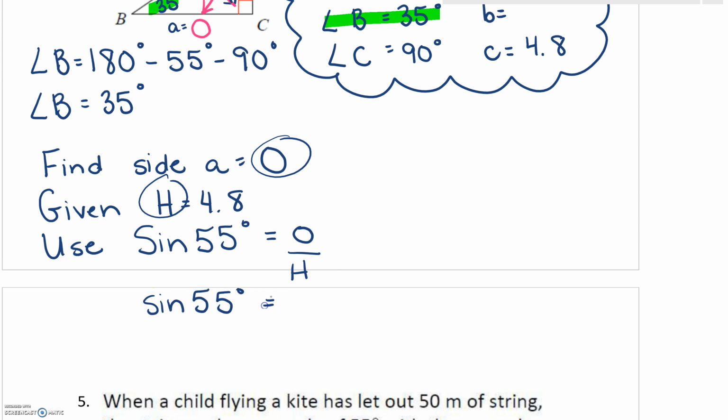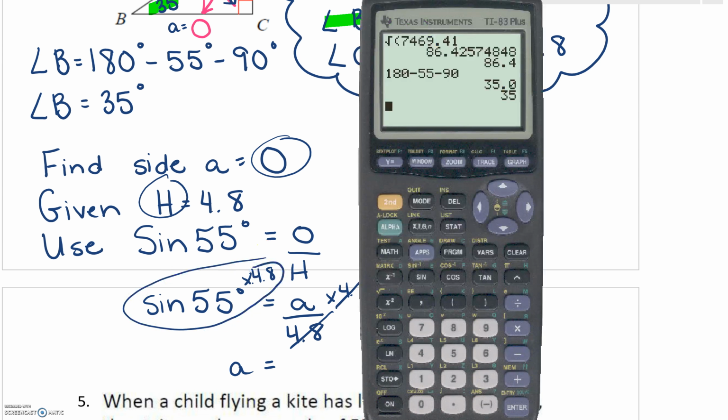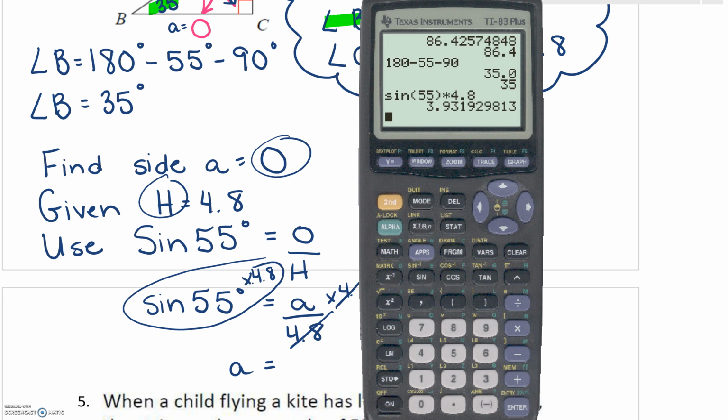So my opposite is missing. It's my side a. My hypotenuse is 4.8. And my unknown is at the top. So this just becomes a problem where I have to cancel out the division by multiplying both sides by 4.8. When I do that, I have to evaluate the sine of 55, close the bracket, times 4.8.